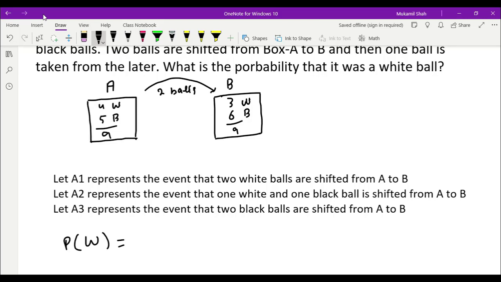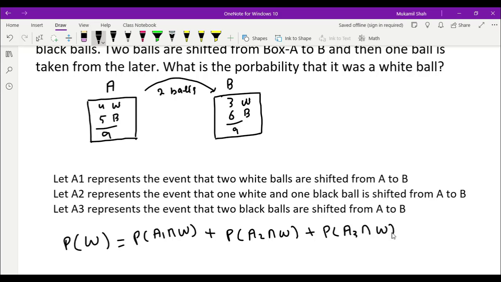The probability of a white ball is P of W, and it is equal to the probability of the first possibility, A1, intersection the ball drawn is white, or we put plus, the second possibility A2, where 1 white and 1 black ball is shifted from A to B, and for 'and' we put intersection, and the ball drawn is white, or plus, the third possibility exists and the ball drawn is white.